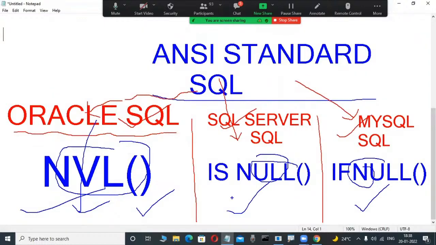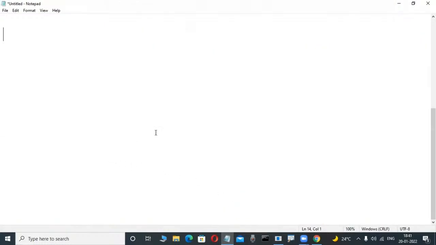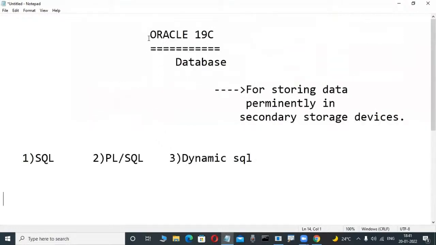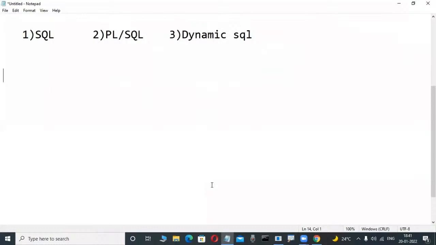There is another function. That's why what we are always learning is that SQL is an ANSI standard language. From that SQL language, Oracle Corporation created their own SQL language that is called Oracle SQL.